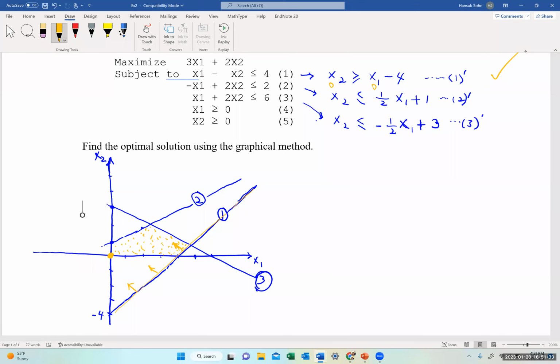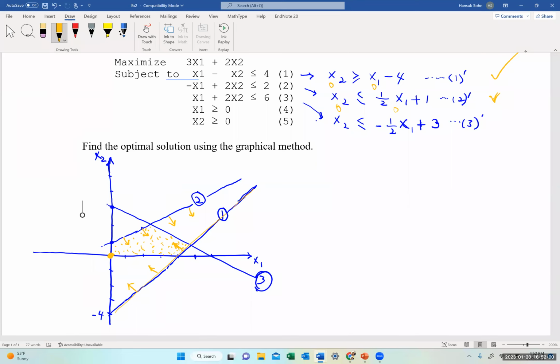Likewise, for constraint number 2, 0 is less than or equal to 0 plus 1, which is 1. So this is true as well, which means the feasible region should be this side. In a way, the origin should be one of the feasible points.